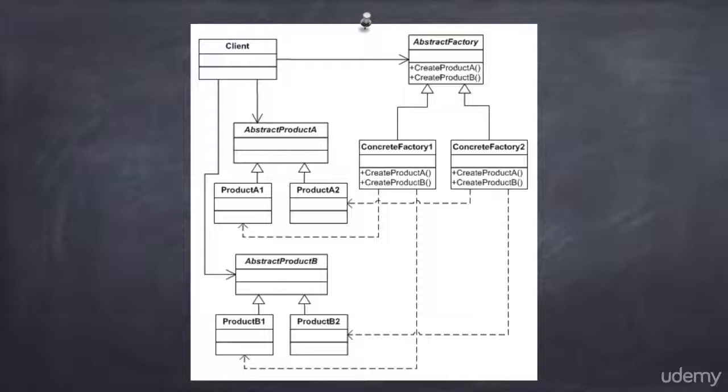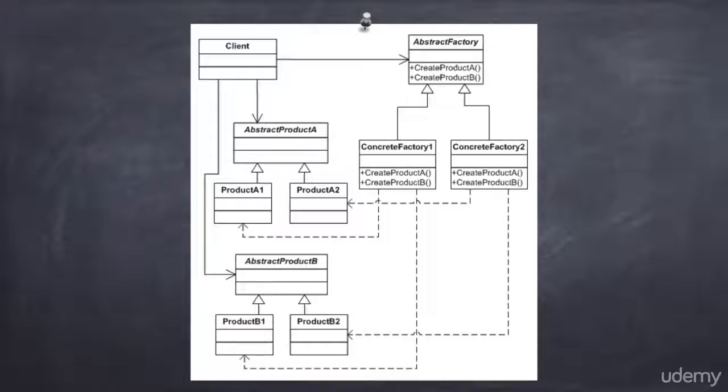The abstract versions of these products are called Abstract Product A and Abstract Product B. There are two platforms, and this gives us four distinct products: Product A1 and Product B1 in the first platform, and Product A2 and Product B2 in the second platform.